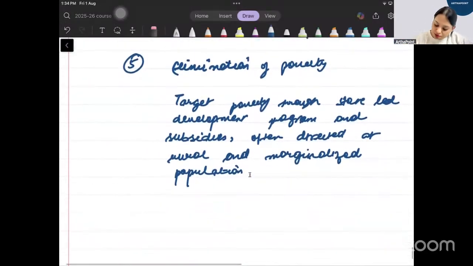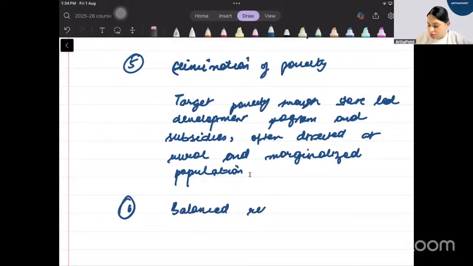Then sixth, you have balanced regional development, right? You need to reduce the inter-regional disparity. You need to help the backward class. And that can be done if everything is under the government, right?